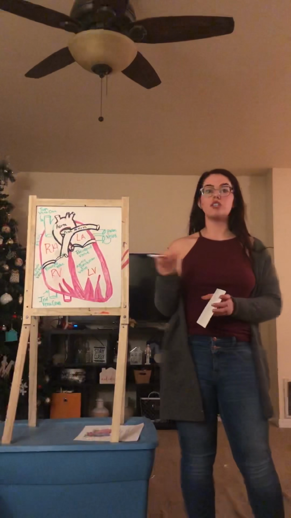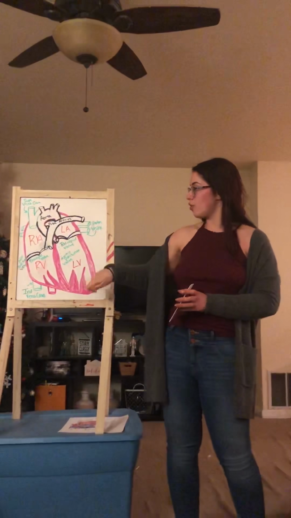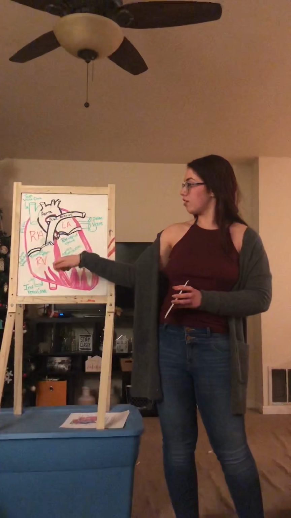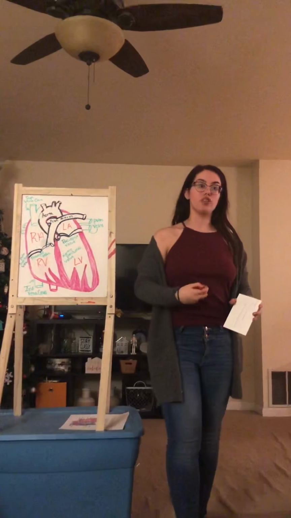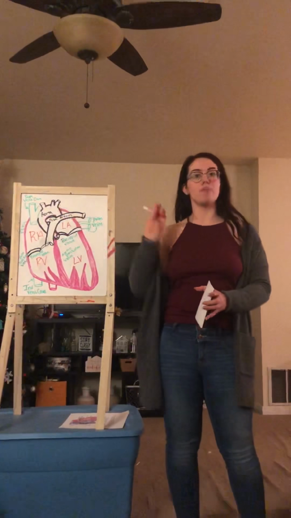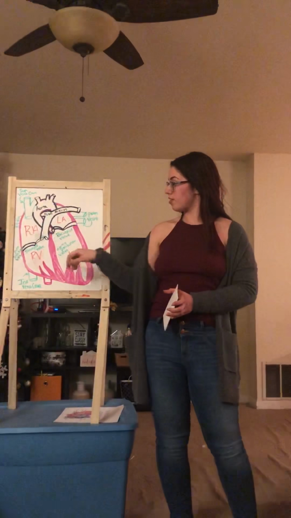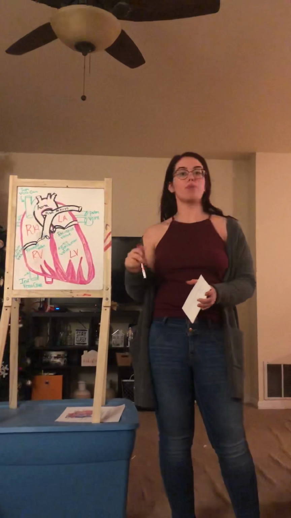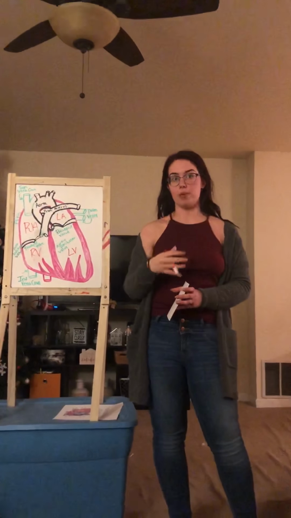The arteries we're gonna be talking about today are the pulmonary arteries, which bring blood from the right ventricle all the way down to your lungs to pick up oxygen. And then the aorta, the major artery of the heart, goes from the left ventricle and gets brought out through the rest of the body, and that's oxygen-rich blood.